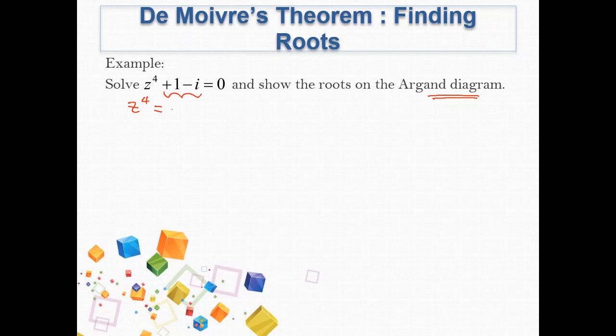Now you will have minus 1 plus i. Okay, so finding the roots of this is equivalent to this plus i to the power of 1 over 4, right? Because this is z^(1/4).